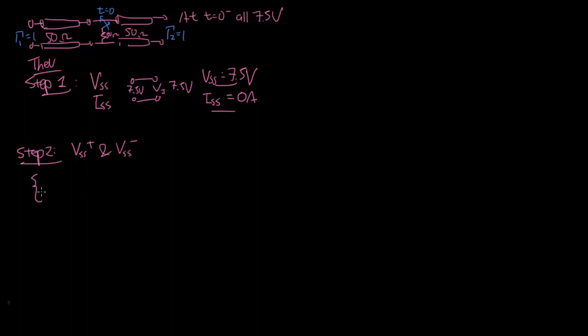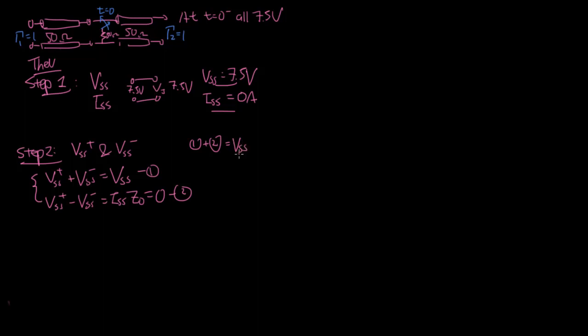And like last time, we do that by solving a system of two equations and two unknowns. First one is observing that the two of them added together is equal to VSS. And the second one is the difference between the two. And if we multiply the Z naught across to the other side, it is equal to ISS times Z naught, and since ISS is 0, it's going to be equal to 0. And so if we add the two together, we'll find that 2 VSS plus is going to be equal to, in this case, 7.5 volts.